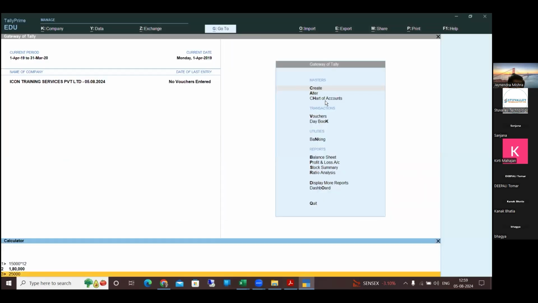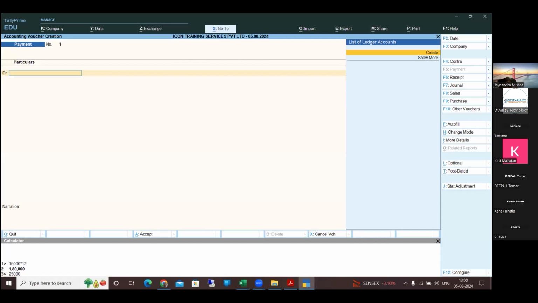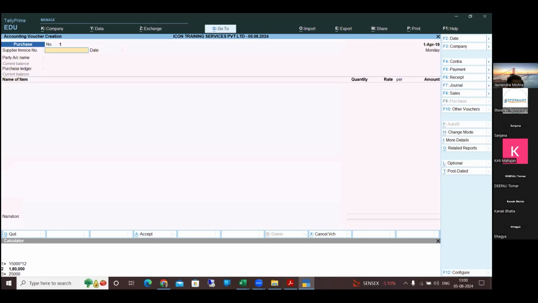Which voucher will you use, friends? For recording any transaction, we have to go to vouchers. Press V. On the right side you can see all the vouchers. Rent is an expense. Expenses you can record in a journal voucher, or you can record in a purchase voucher.